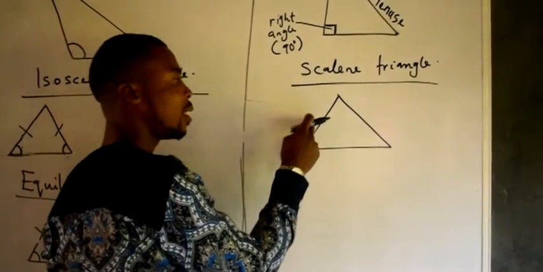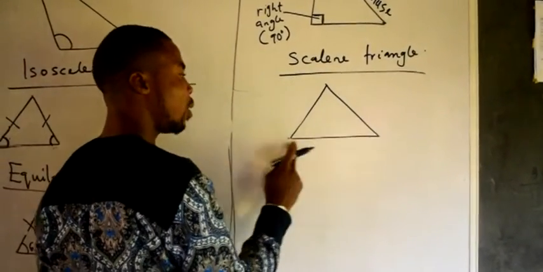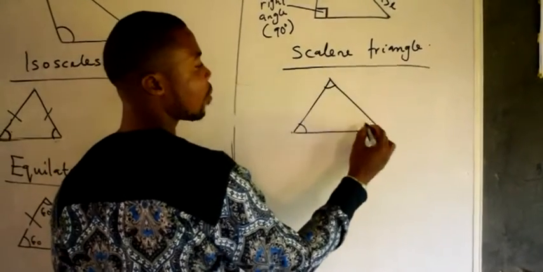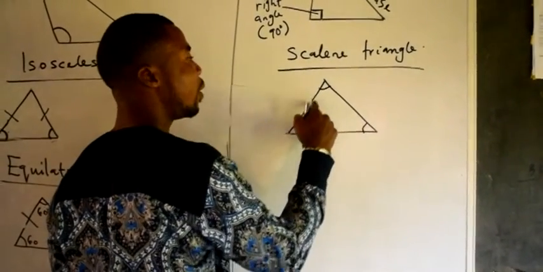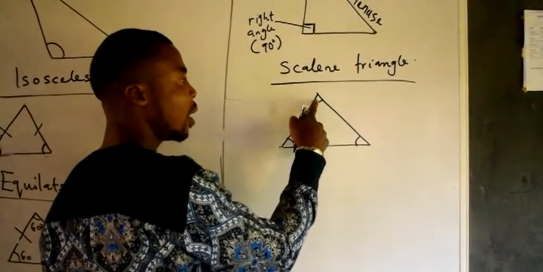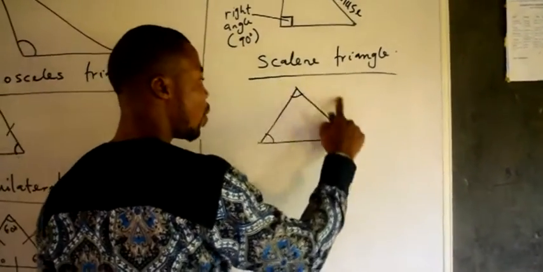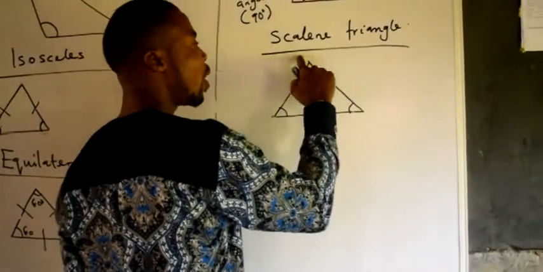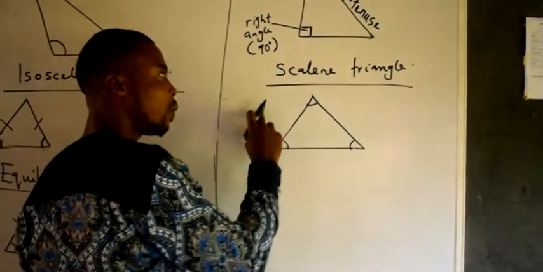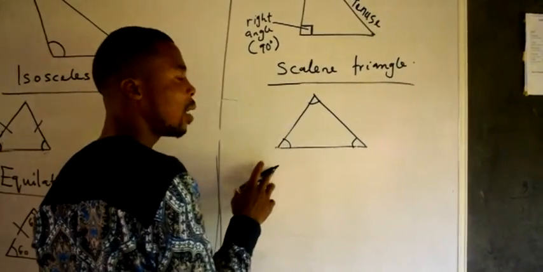The size of this is different from the size of this and from the size of this, which means that their angles also vary. The angle of this is different from the angle of this, and the angle of this is different from the angle of this. So if you have any triangle which has different sizes of angles, we call it a scalene triangle.